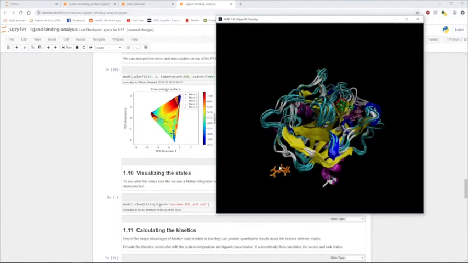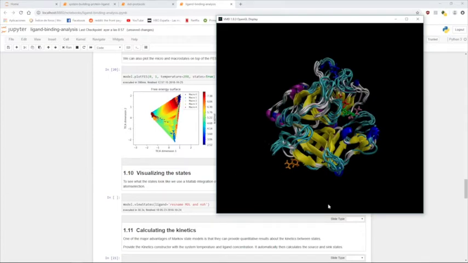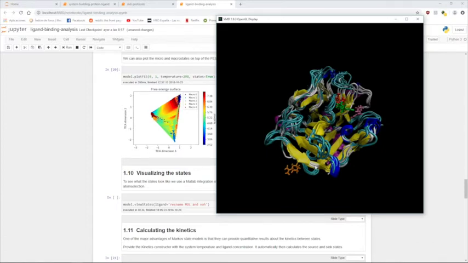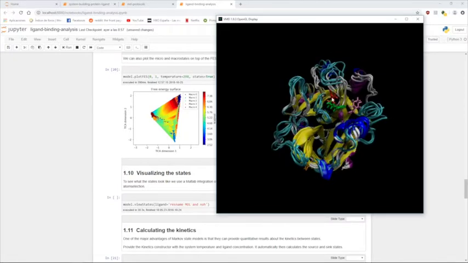It's represented here, but this benzamidine molecule could be anywhere in this space, because this macro state represents the totally unbound state. And then we have different intermediates, and then we have the bound state.